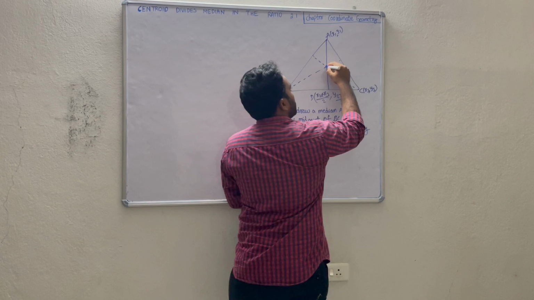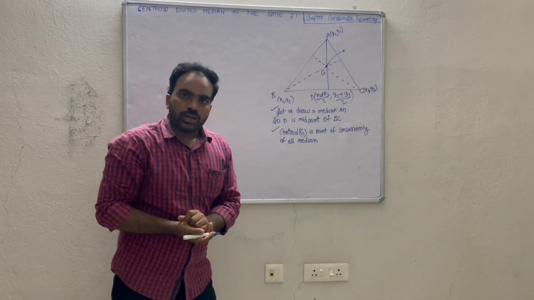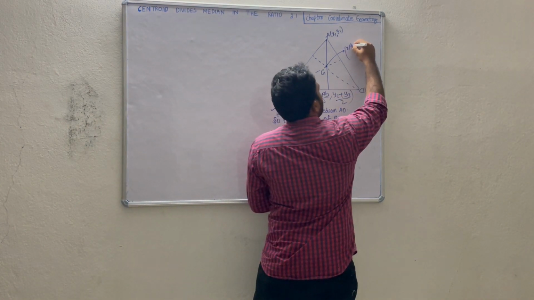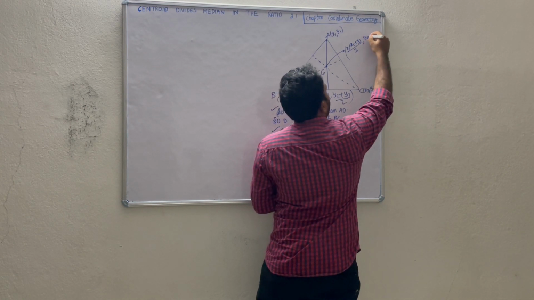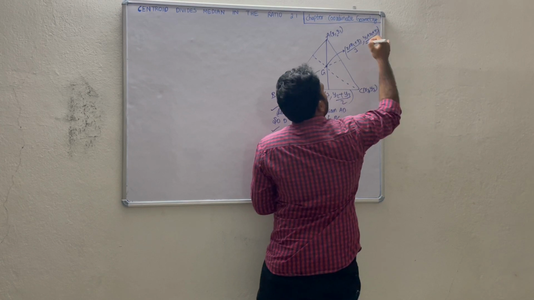So it is the centroid now. The formula of the centroid in coordinate geometry, which we already know, is (x1 plus x2 plus x3 by 3) as the x coordinate, and (y1 plus y2 plus y3 by 3) as the y coordinate.